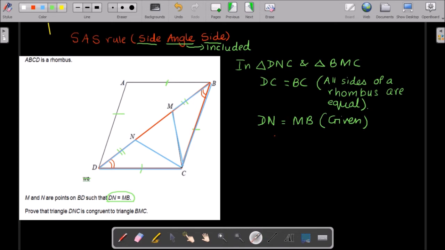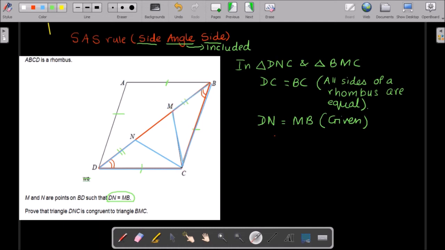Now remember when I told you earlier on, if I use the SAS rule, the two sides I use meet at a point. So I've used DC, which is this side, and DN in triangle DNC, which meet at that point, forming the angle NDC, and that means that NDC is the included angle.